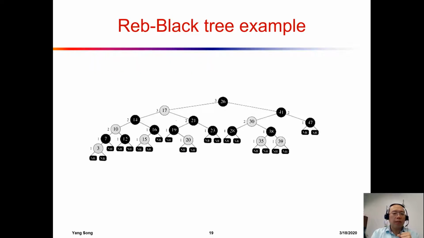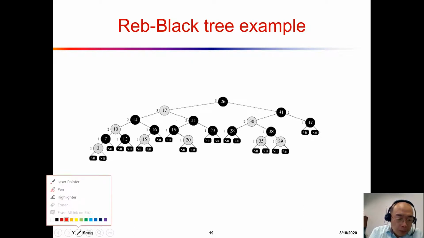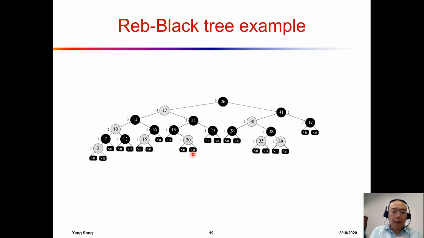But let me show you the example of the red-black tree. Of course, it is not really red and black. It is red and gray because this is the image I got from our textbook. If you see the very lowest level, let me bring up the laser pointer. For example, if you see this one, that is actually a NIL. It is the right child of the node 20, right?